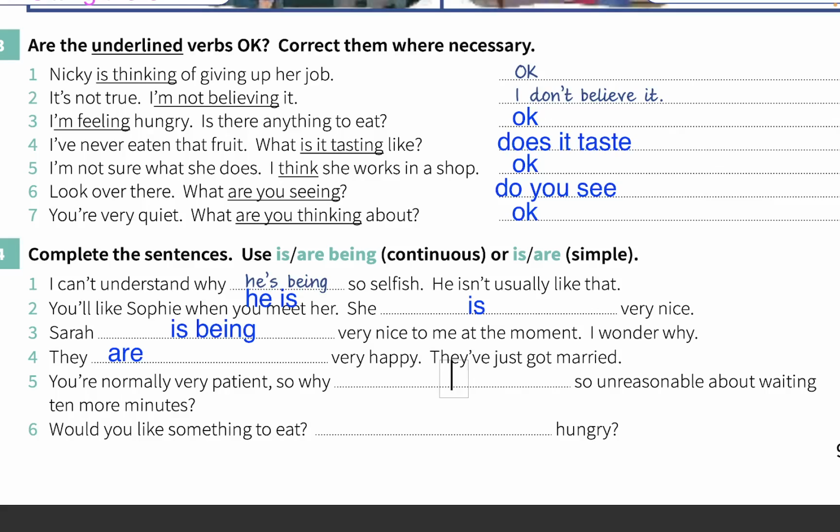Sure. Number 5. Who wants to try and read the whole thing for us? You're normally very patient, so why are you being so unreasonable about waiting 10 more minutes? Correct. Number 6.